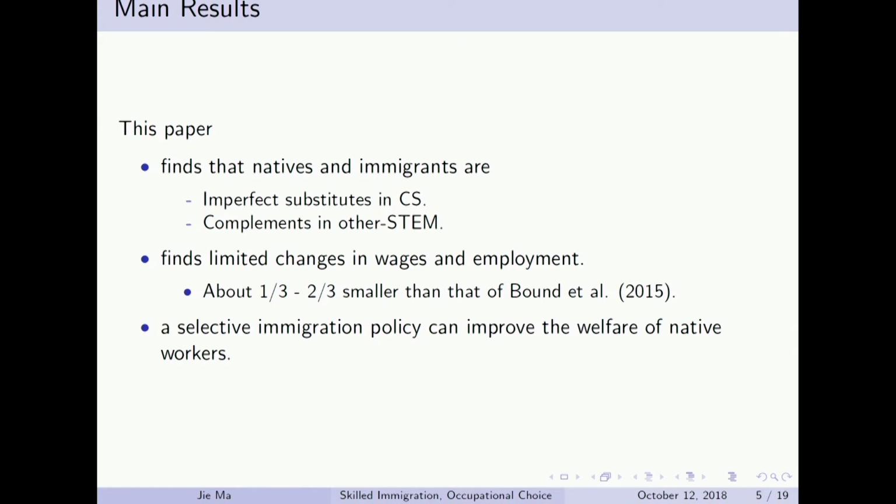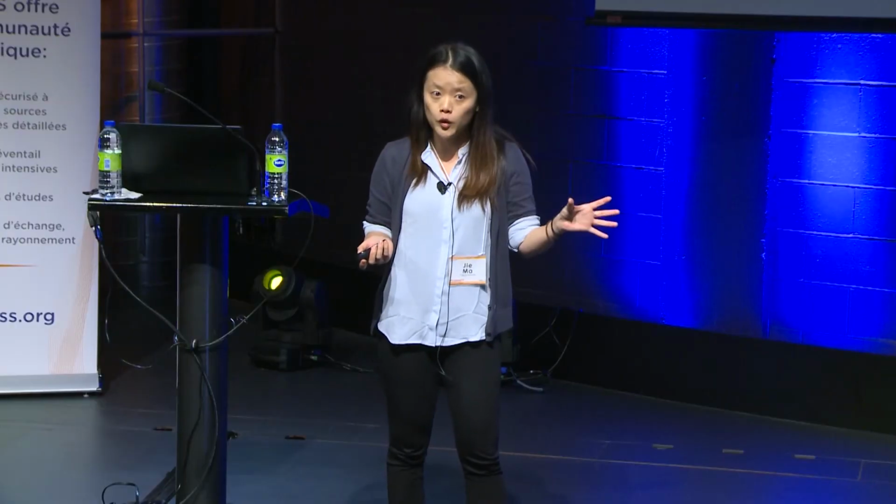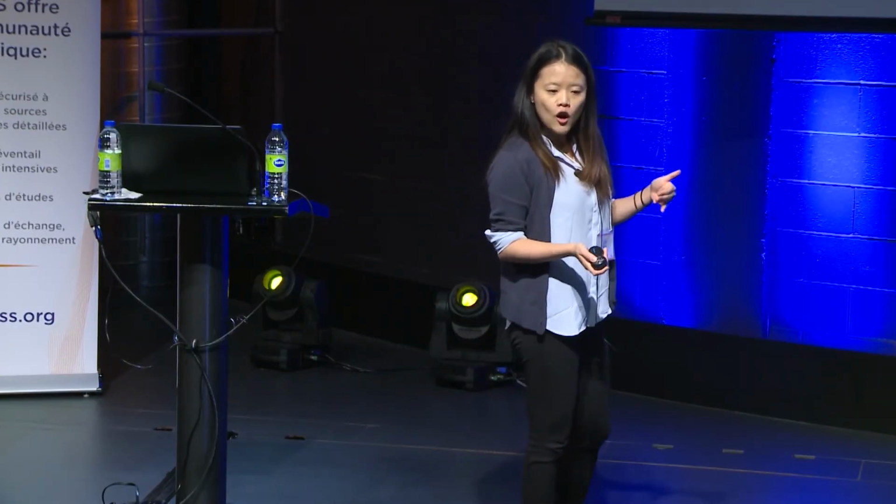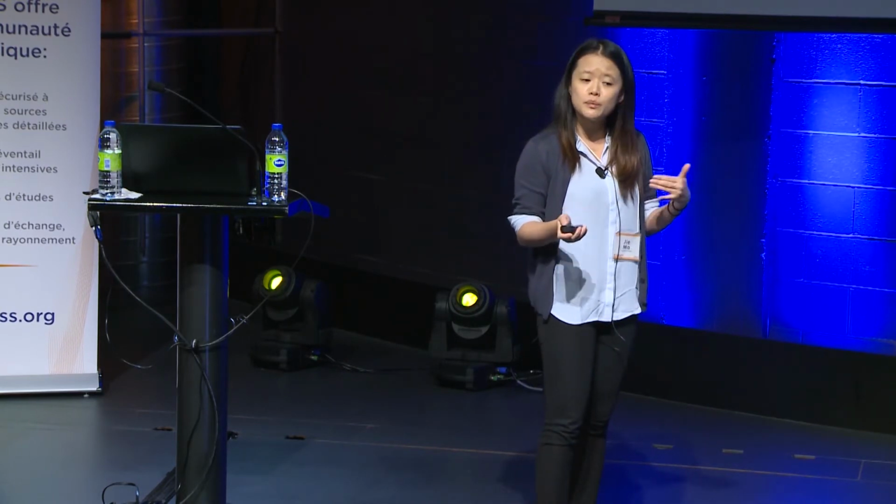What does complements mean? If there is more inflow of skilled immigrants, the native workers actually benefit from this. Then I go to the innate data set to study the micro foundation of this difference across different occupations. And with this estimated model, I can do several counterfactuals, which are pretty interesting.